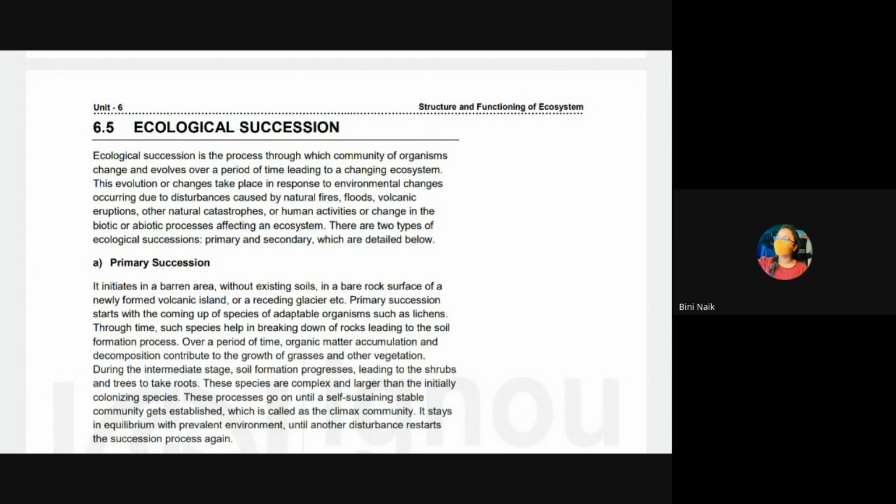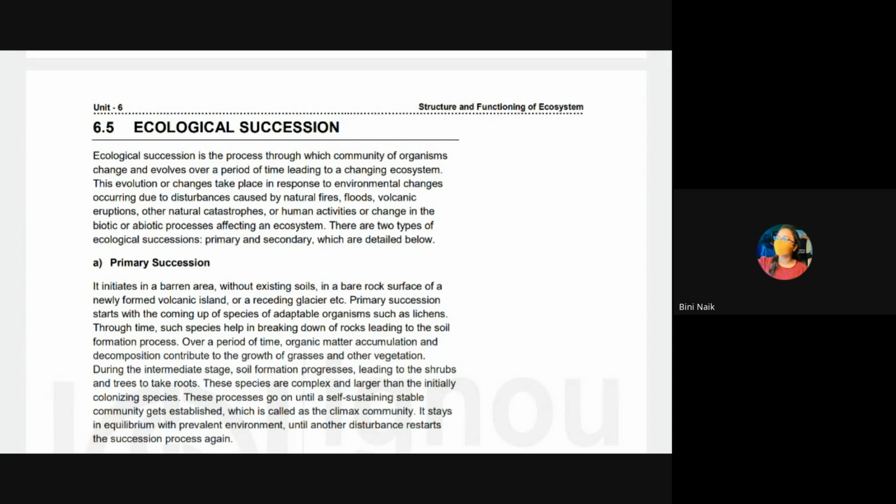So then what will happen after that? After that also, a few of the plant communities will evolve. Then the vegetation community will flourish, and then the animal community will also flourish. So from a smaller form to a larger form, that is succession, or ecological succession.